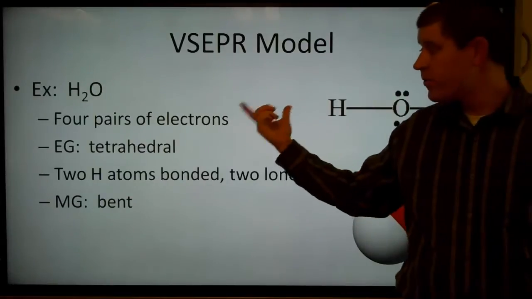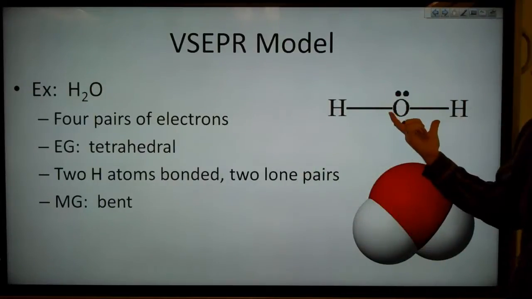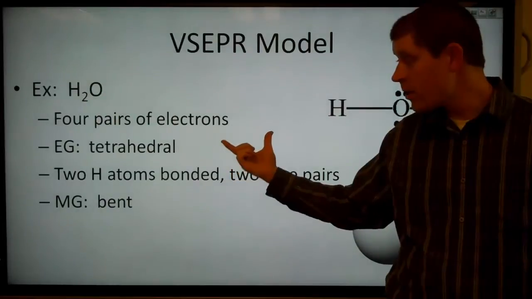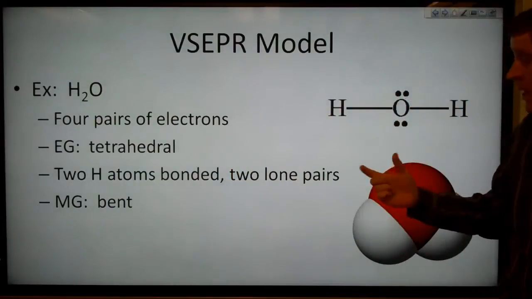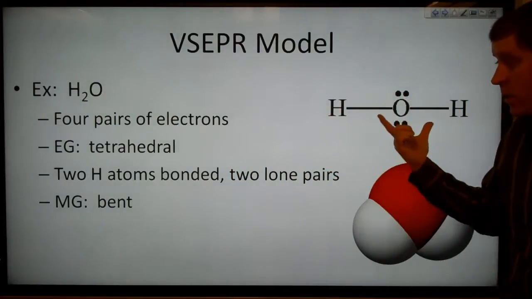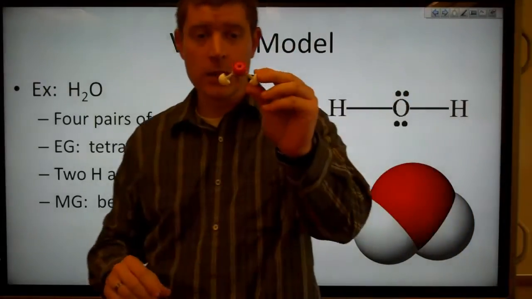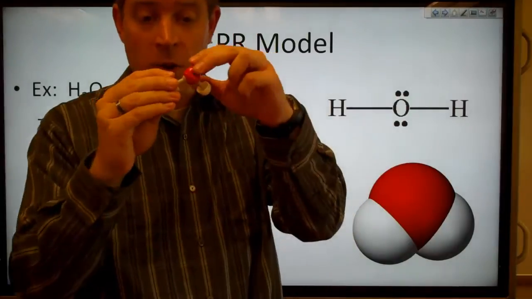Water has 4 pairs of electrons around the central atom, the oxygen, which means it should have a tetrahedral electronic geometry, just like the ammonia did. But in this case, we only have 2 hydrogen atoms bonded instead of 3, which means we get a structure that looks something like this. So again, I don't have the 2 lone pairs in.